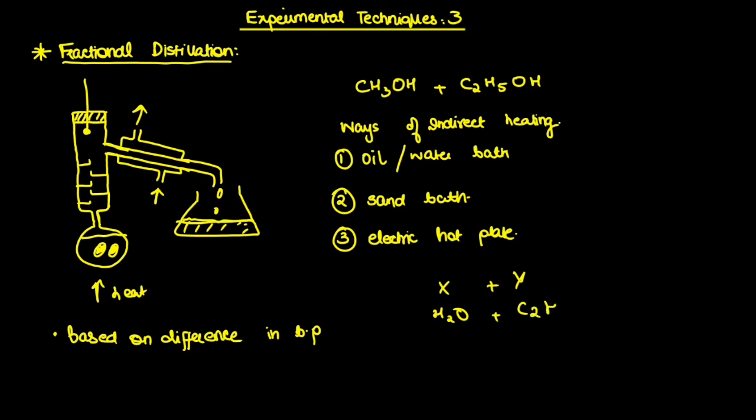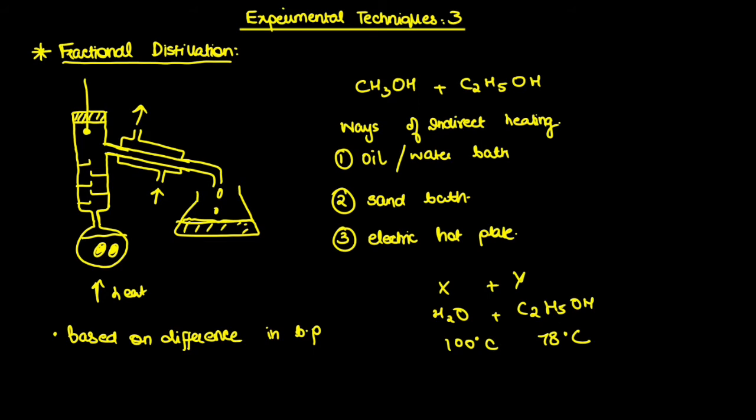Sorry, C2H5OH. Now this has a boiling point of 78 degrees Celsius. This has a boiling point of 100 degrees Celsius. Alright. Now again, you'll be using an indirect method of heating here as well.